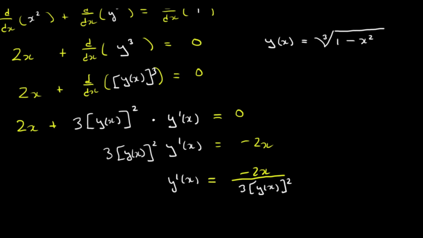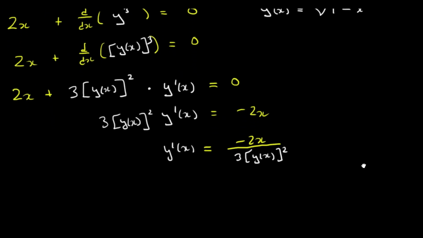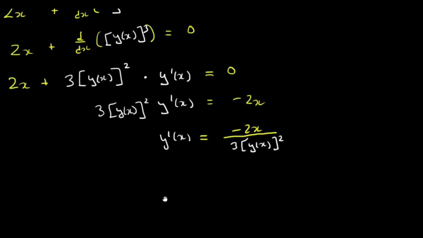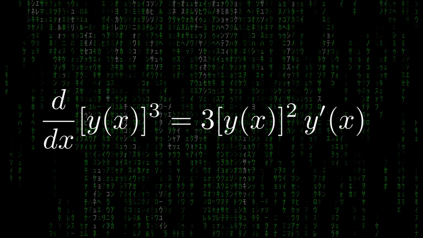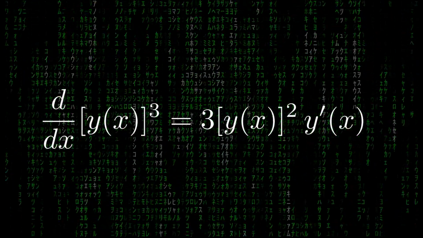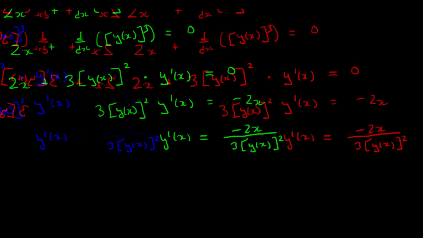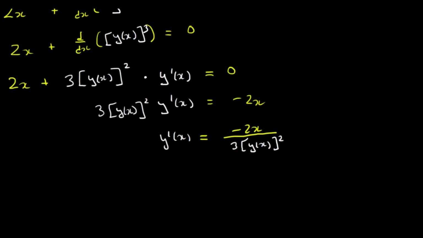The only difference is we have a y of x here, and remember why I wrote it as y of x was to remind us that we needed to use the chain rule when we're differentiating y cubed with respect to x, because we really have a function of x trapped inside of a cube. So let's drop our y of x at this point and clean up our derivative.